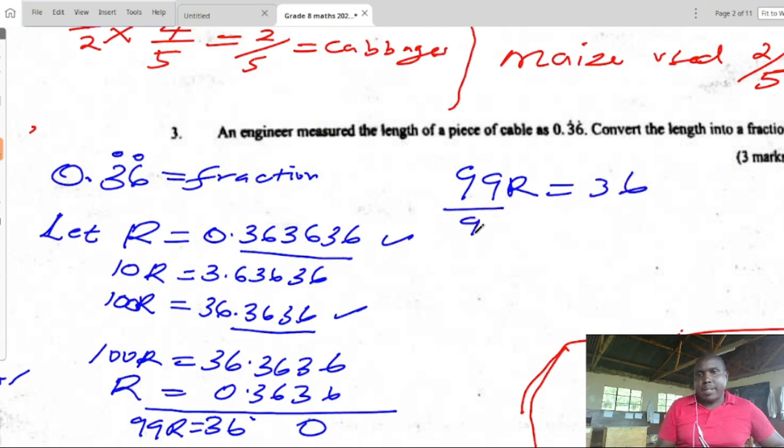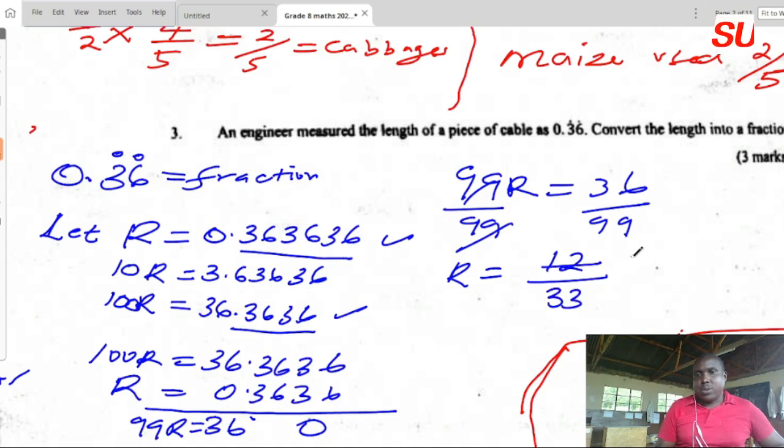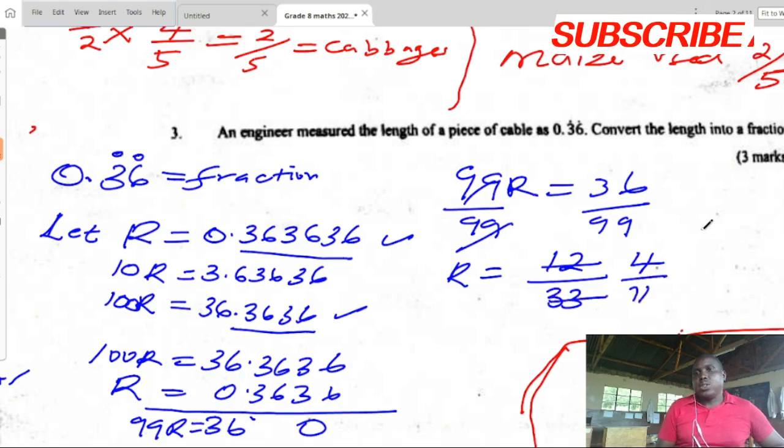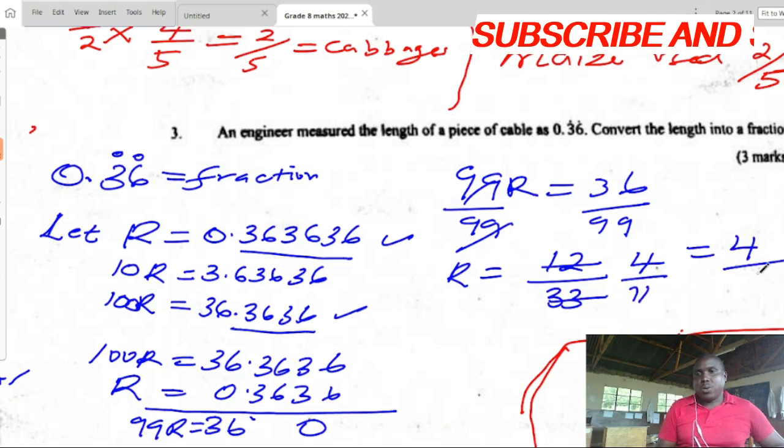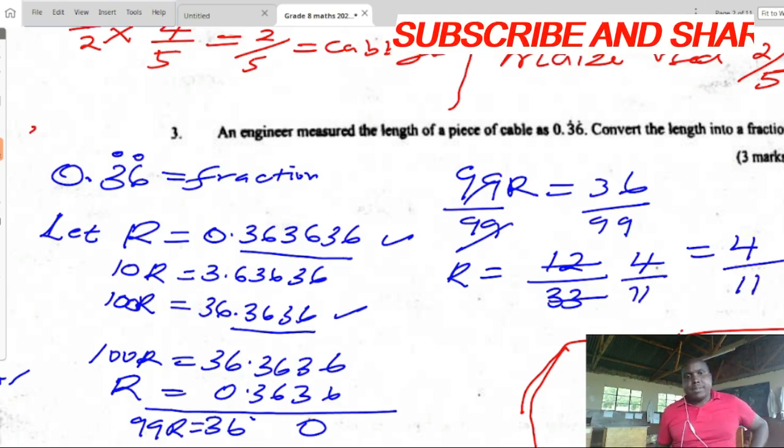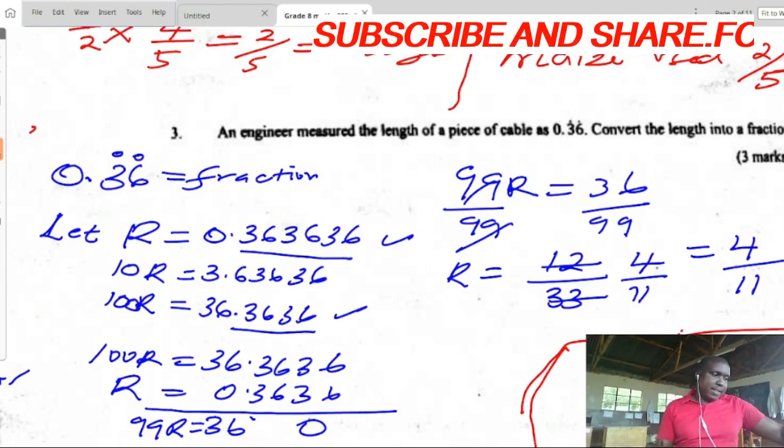Divided by 99, R, our fraction is going to be 36 over 99, but 3 divides both. So 3 here, 12, 3 here, 33. 3 goes in again, 4 here, 3 here, 11. So our fraction is equal to 4 over 11.